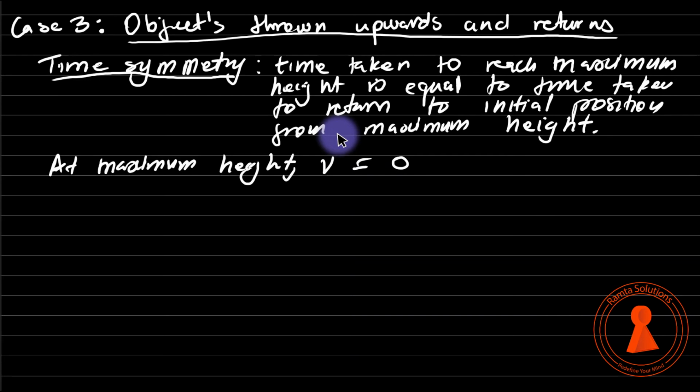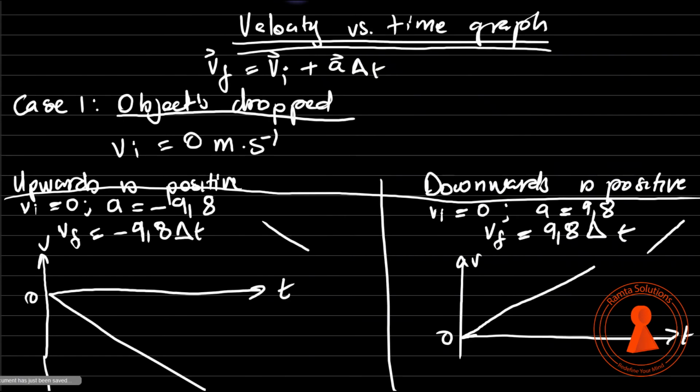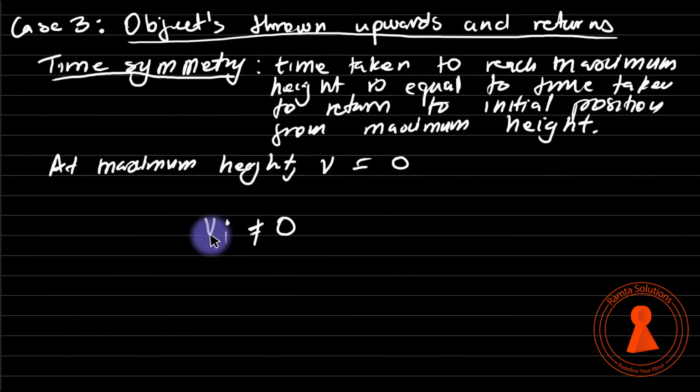So I have mentioned to you that time taken to reach maximum height is equal to time taken to return to initial position from maximum height. On the graph that we're going to plot, you will see this. Now remember, here the object was thrown upwards, so initial velocity is not equal to 0.